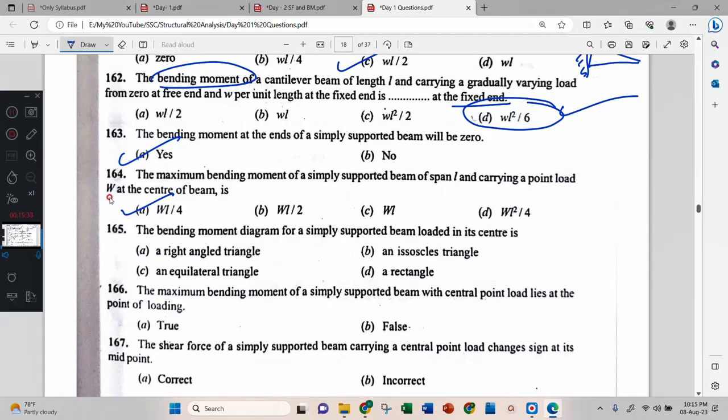Bending moment diagram for simply supported beam loaded in its center is an isosceles triangle. Isosceles triangle meaning two sides are the same. Correct.